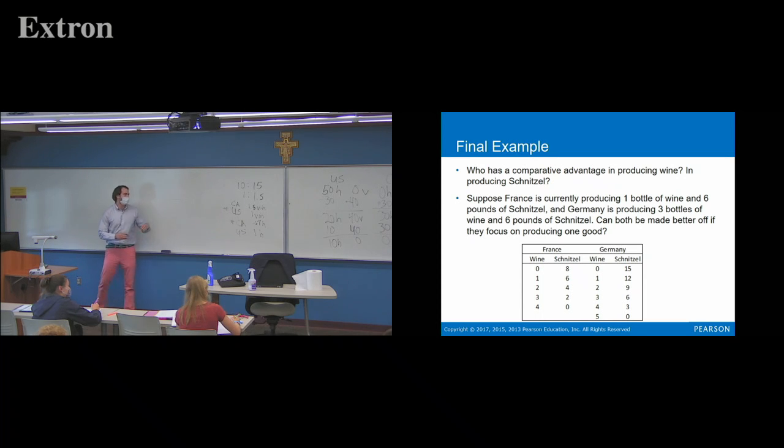Whereas for Germany, they have to give up 3 units of schnitzel. So 15 minus 12 is 3, just for that 1 unit of wine. So their opportunity cost to produce wine for Germany is 3 units of schnitzel, whereas for France, it's only 2 units of schnitzel. So France has the lower opportunity cost of producing wine.